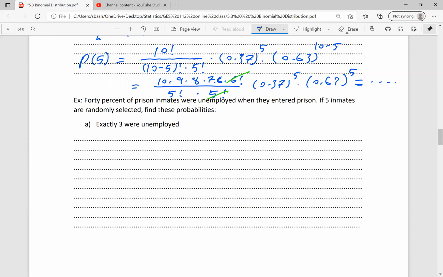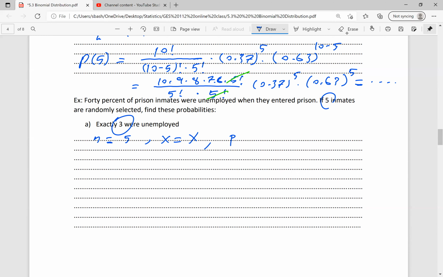Yes, it is, because the outcomes are either employed or unemployed, and we have 5 inmates. So we have n equal to 5 in this one, and x is given as 3.